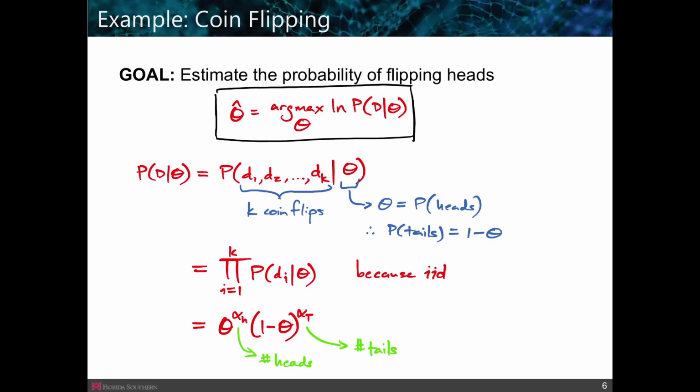So if we have in our data set, let's say alpha H, number of times that we flipped heads, and alpha T, number of times that we flipped tails, this expression simplifies to theta to the alpha H times 1 minus theta to the alpha T.